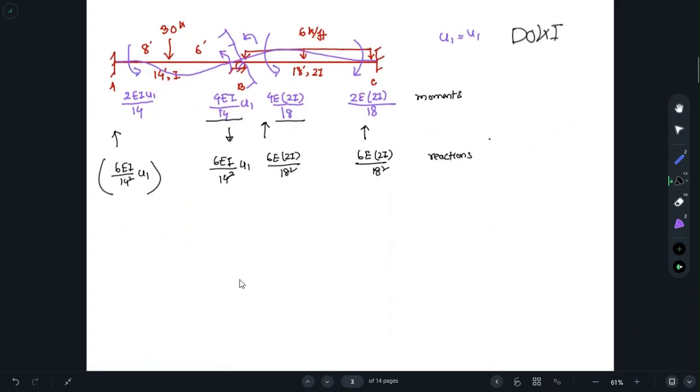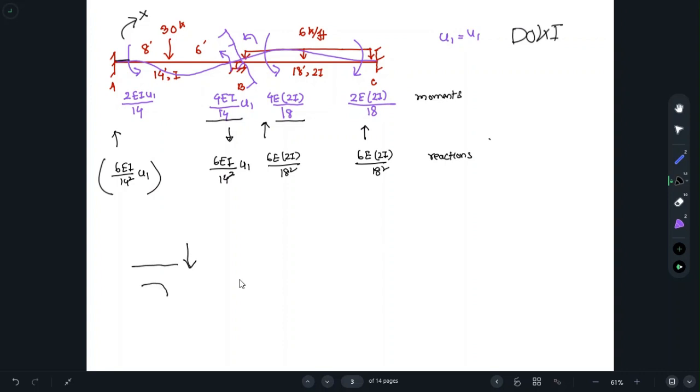Then we apply our Doki here. So I'll explain a little bit here why the direction is not like that. Why not that? Because here you can see, if we apply a load here, how it will behave.